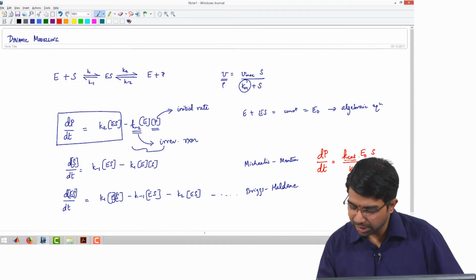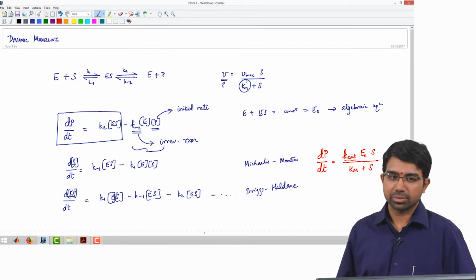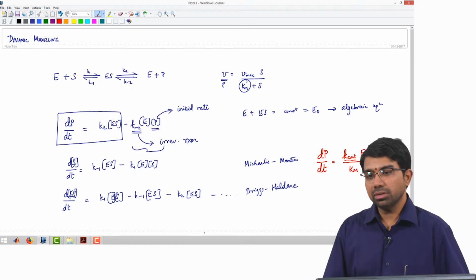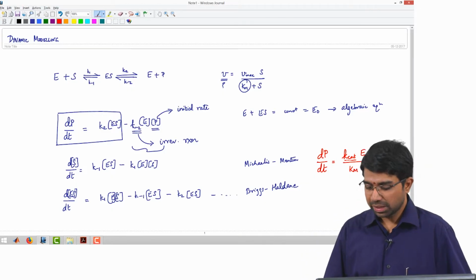Your V max is actually K cat into E naught. So, what are the parameters here? K cat, E naught, and Km.